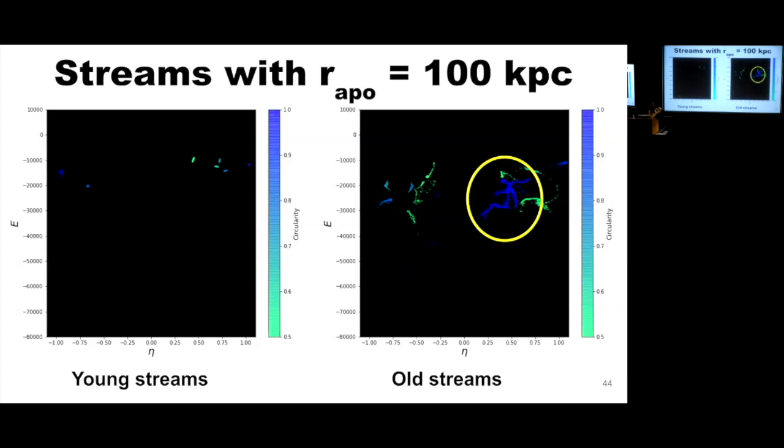And if you have low circularities, you have a greenish color. So you can see some of the stream star particles that had prograde circular orbits have lost their circularity here. So some streams with prograde circular orbits become somewhat non-circular.